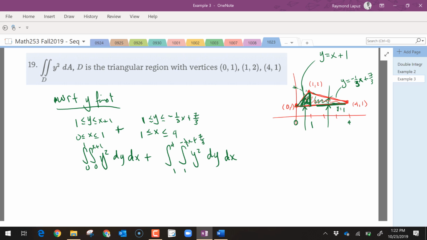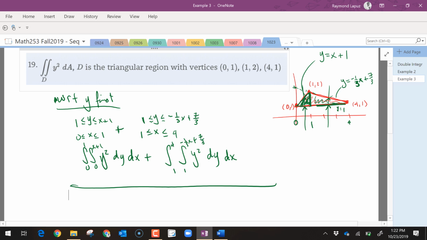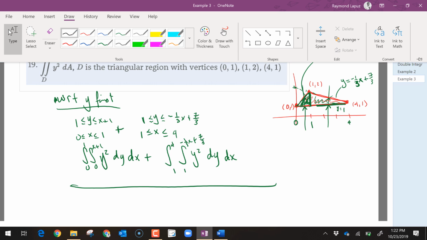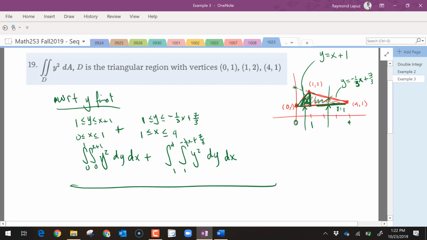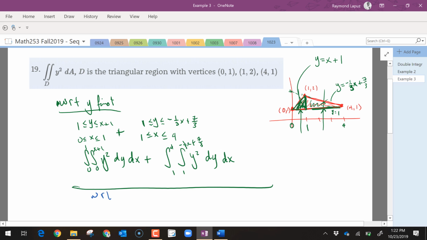But let's take a look at the alternative. What if instead somebody yelled out with respect to x first? Then we would draw a line parallel to the x-axis.